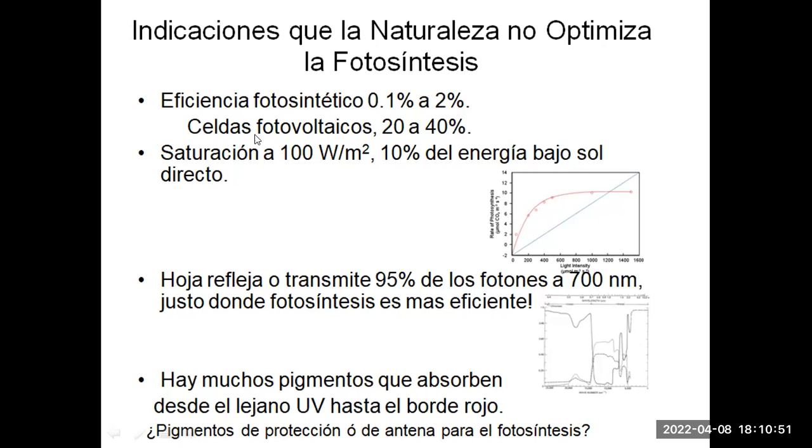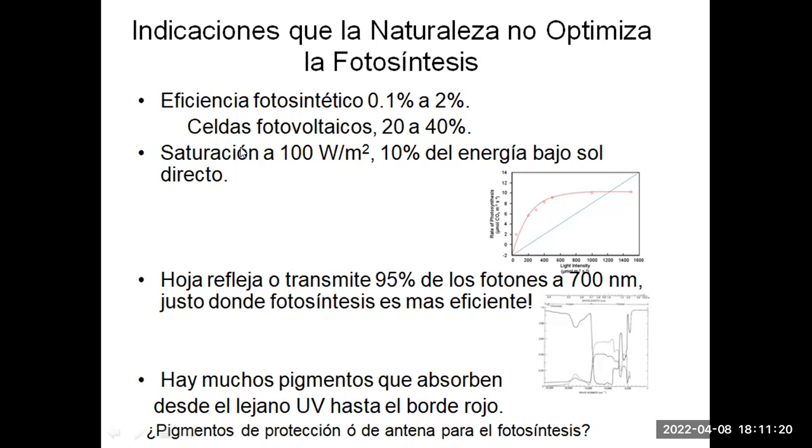Now, we as humans have built photovoltaic cells, which have an efficiency between about 20 and 40%. So even humans can do better than plants, better than nature, which has had thousands of millions of years for evolution to increase the photosynthetic efficiency, but it has in fact remained very low.